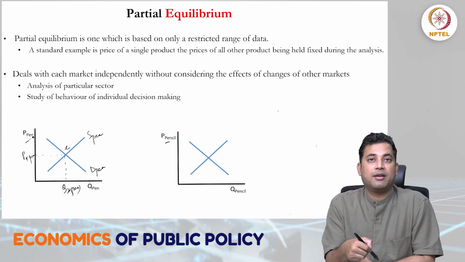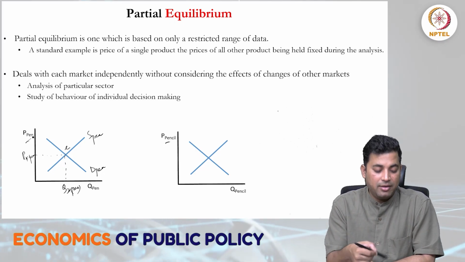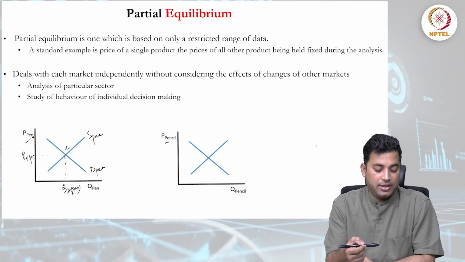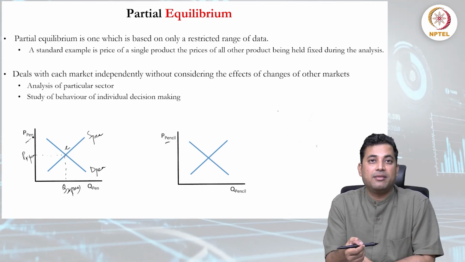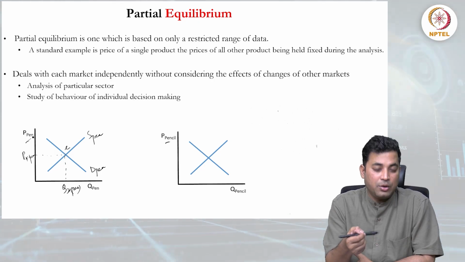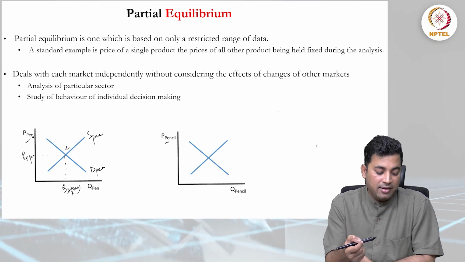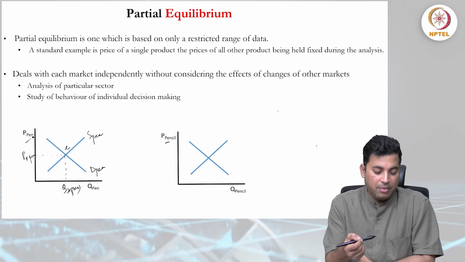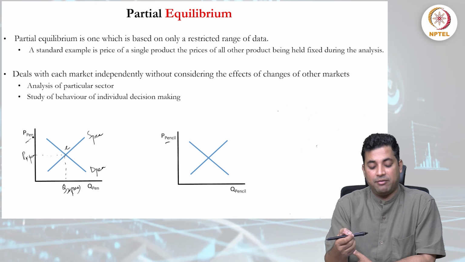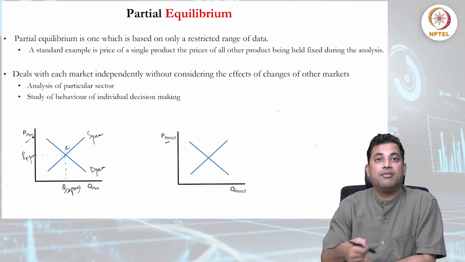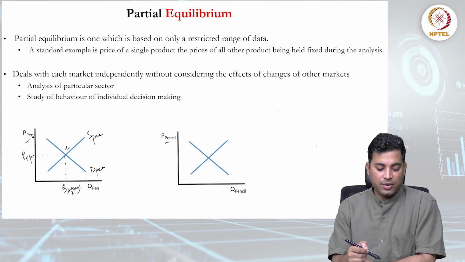Although pen and pencil are very close substitutes, here we will only try to calculate the equilibrium price for the pen and the equilibrium or optimum quantity at the given market conditions.